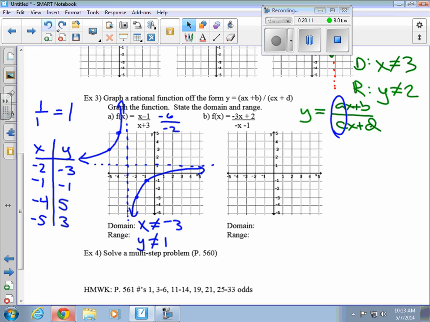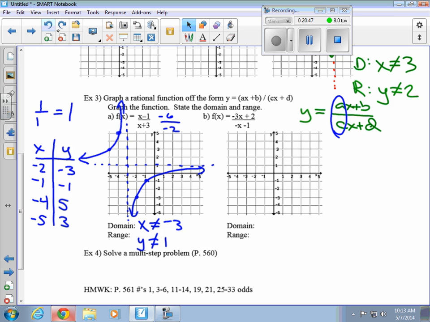Let's look at B. So, vertical asymptote. Raise your hand if you can tell me what it is. All right, what do you think? 1? Raise your hand if you think it's 1. Raise your hand if you think it's -1.